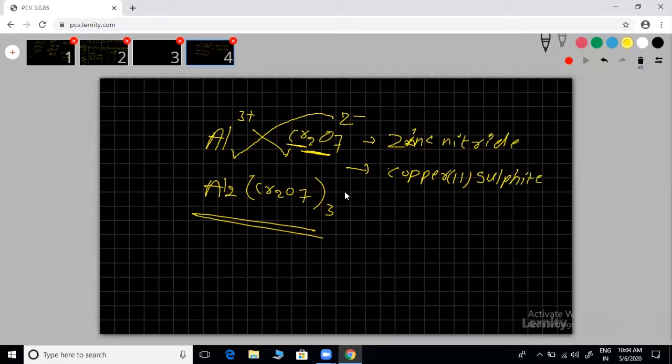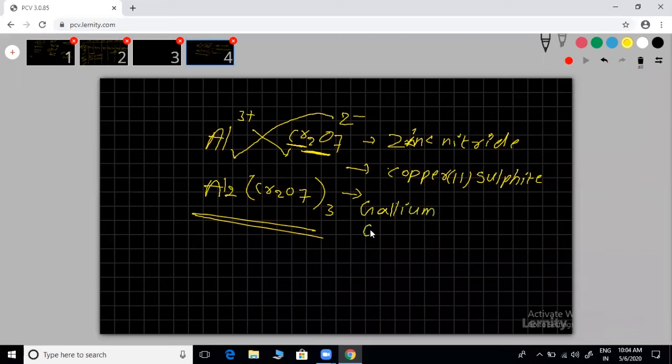Let's check yourself whether you are able to write correctly or not. Copper 2 sulfite. Next. Gallium sulfate. If you don't know the symbol, I will give it.